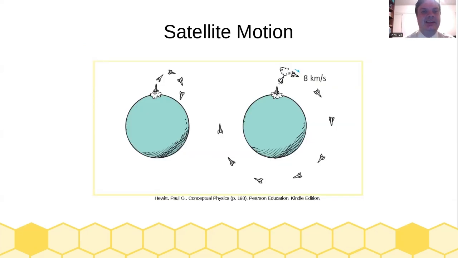Satellite motion is similar to projectile motion in that it is what happens when an object is far enough away that as it falls, it is going to orbit the planet or the moon or whatever you're looking at by constantly falling towards the planet, but not falling quickly enough to run into the planet.